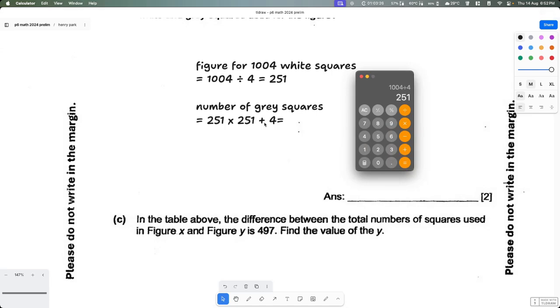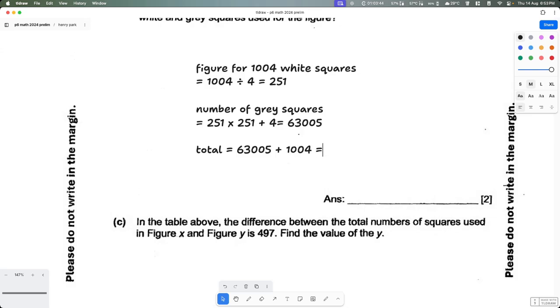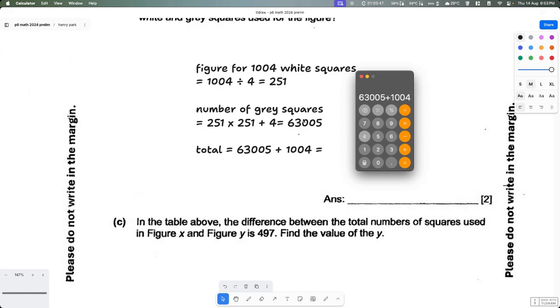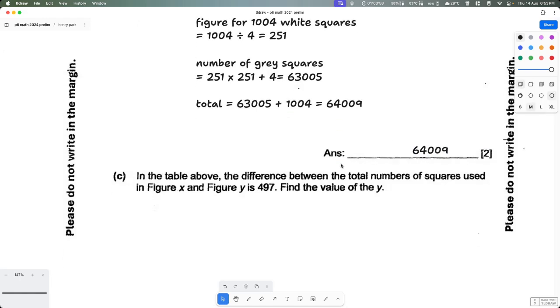Okay, that's 63,005. So now total is equal to 63,005 plus, wait, sorry, not 251, 1004. Okay, plus 1004, 64,009. Okay, can I copy this? Yes, I can copy this. Right, there you go. So that's your answer, 64,009.